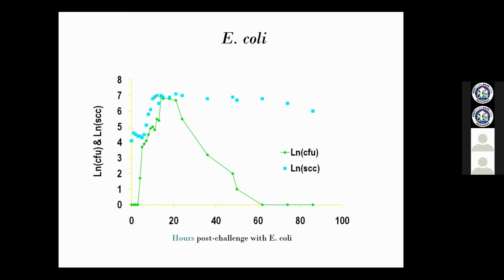You can see this is a linear score that is used here, but you can see the cell count also remains even at 100 hours. In this case, it was still high. And what additionally happens, the green line that you see there is the standard plate count or bacterial count that also goes up because of the increased number of bacteria in the milk tank.